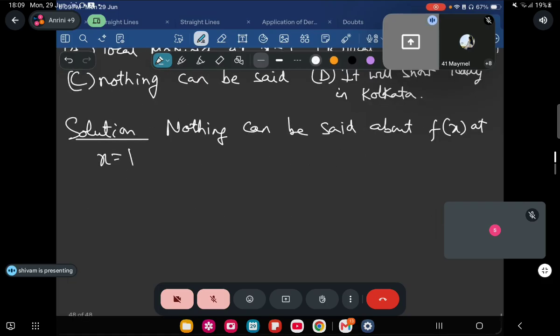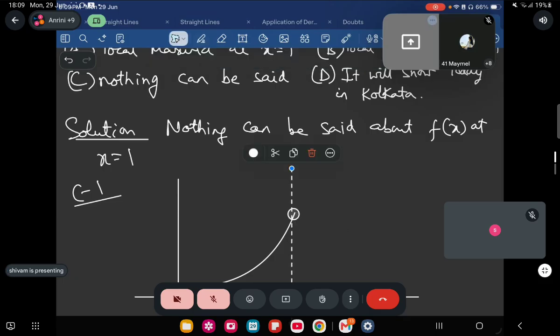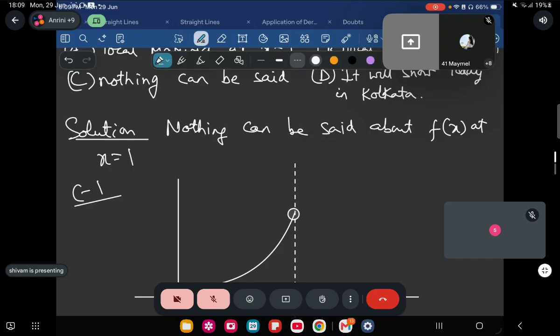Why? Because you see, case 1, it can happen like this, right? At x equal to 1, from 0 to 1, it can be increasing like this. The function can be discontinuous. If it was a continuous function, then you can say something.